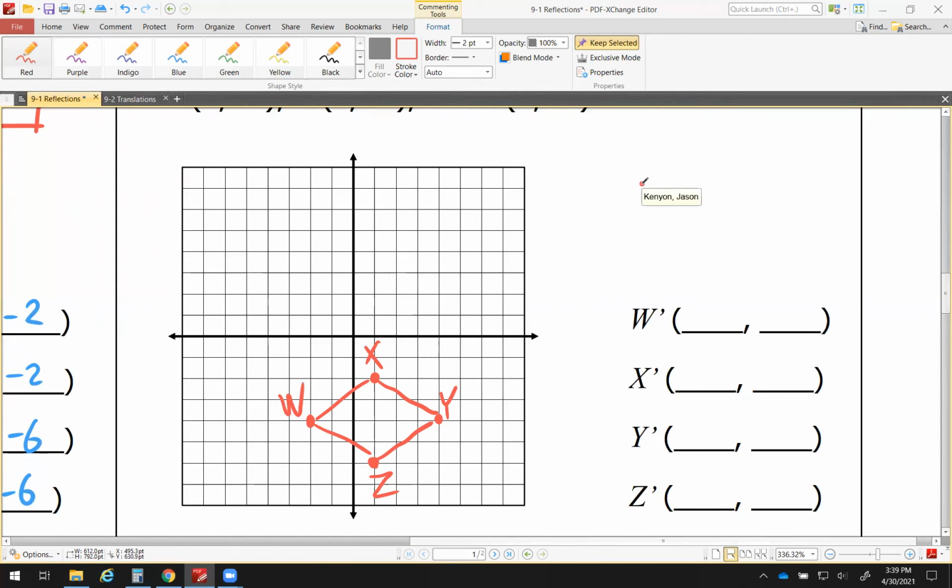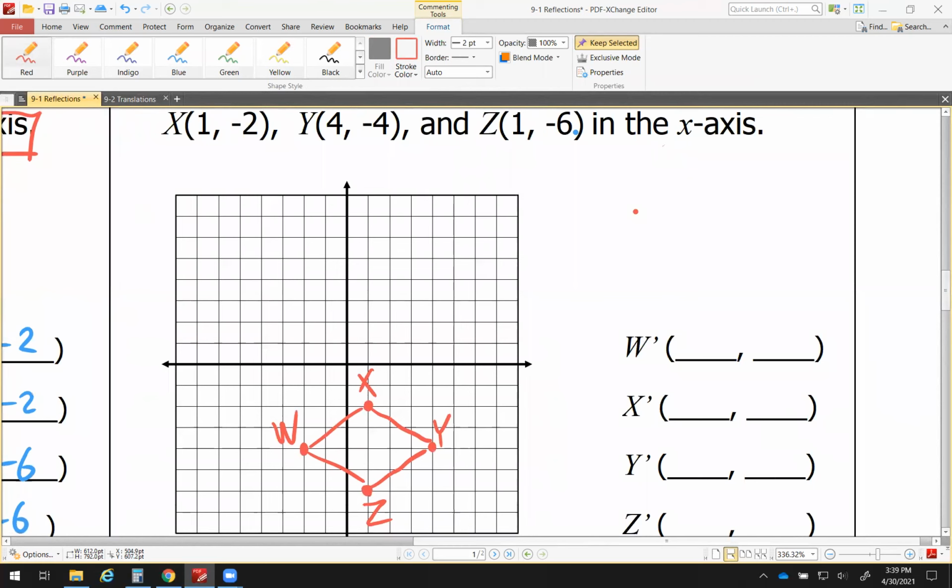And we're going to be reflecting this over the x-axis. So highlighting that. There we go. So W to W prime. W is 4 units away right here. That means W prime will be 4 units away. Oh, I don't need to write 4.